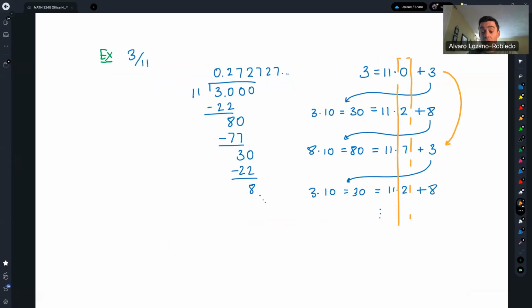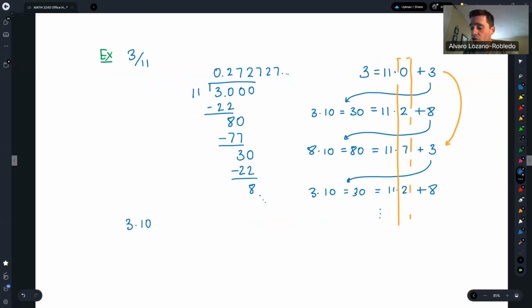That number is a remainder of division modulo 11. When that number repeats, we get a repetition, and the process is going to just cycle. So how can we figure out when that's being repeated? What happens is that we started with 3 times 10.